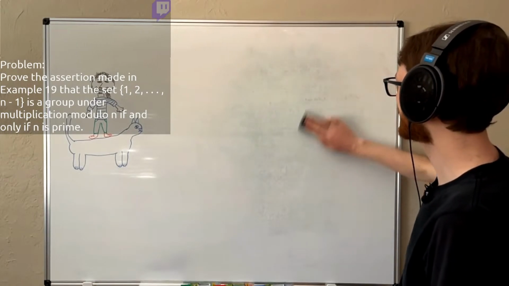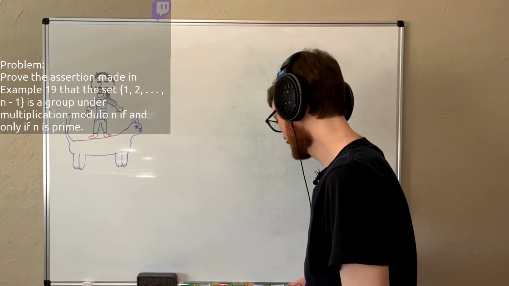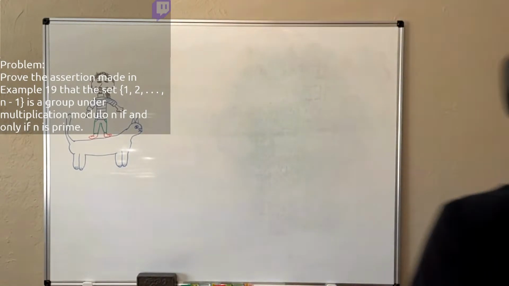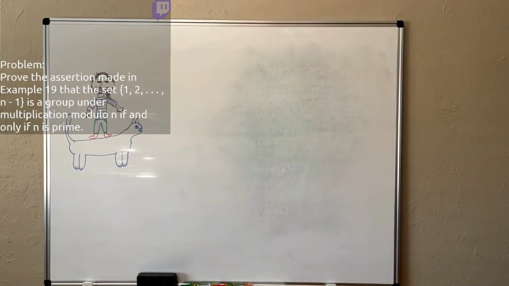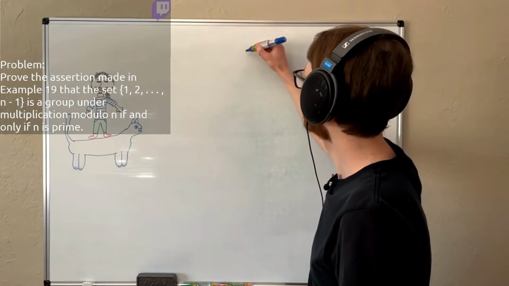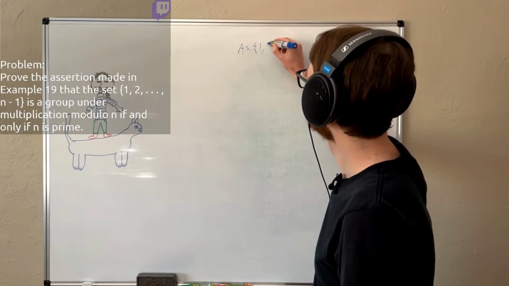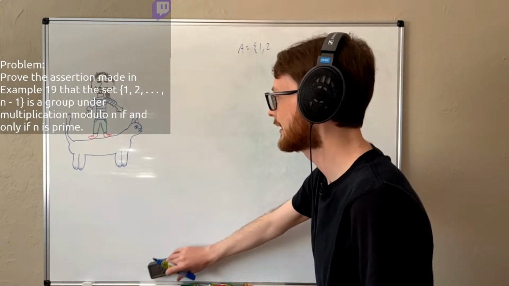Let's try to maybe write this entire thing out. So let's call this group A. Actually, they were saying U, I guess.